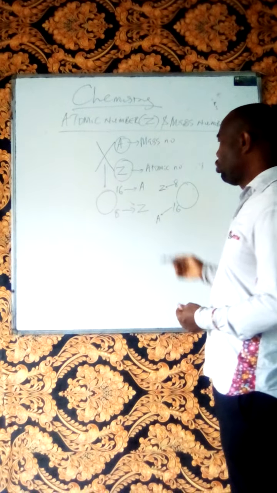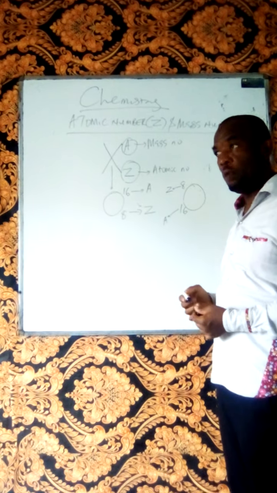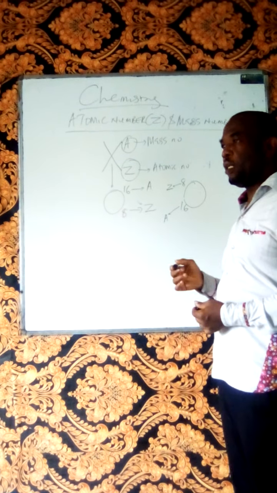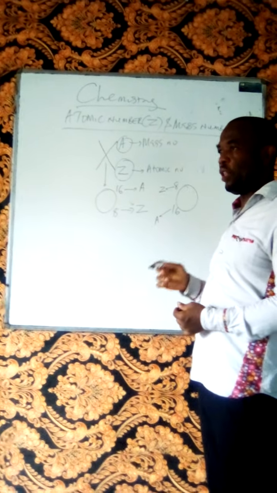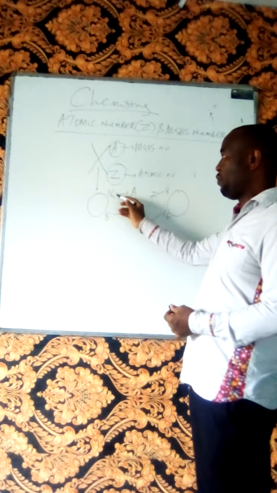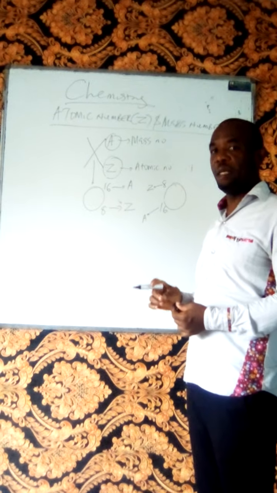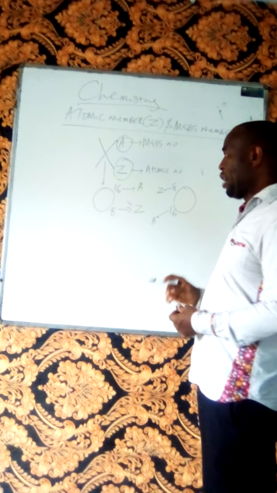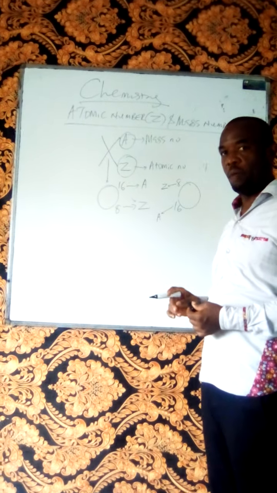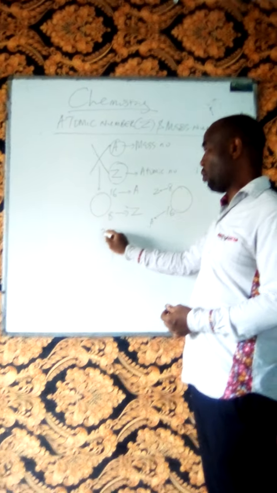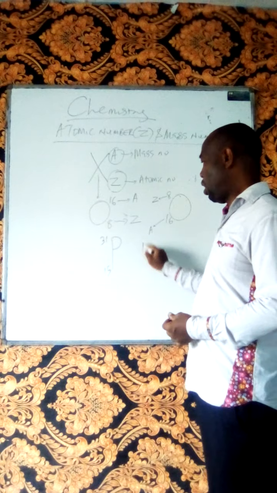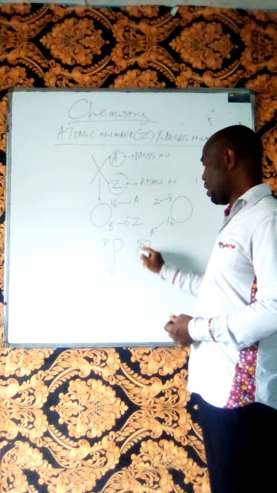So when you have two numbers on an atom, whether the small number is the superscript or the bigger number is the subscript, or vice versa, the mass number remains the bigger number, while the atomic number remains the smaller number. Another instance is phosphorus, which is written as 31 15 or 15 31.